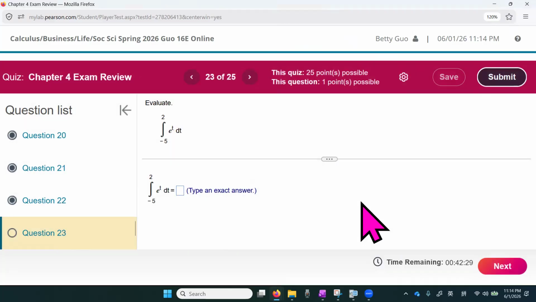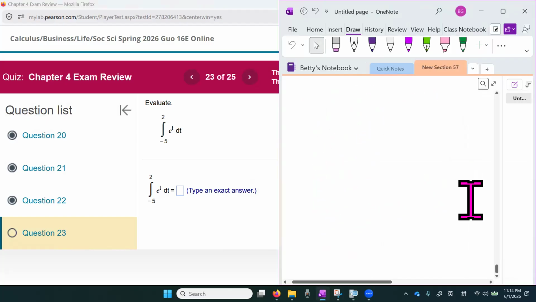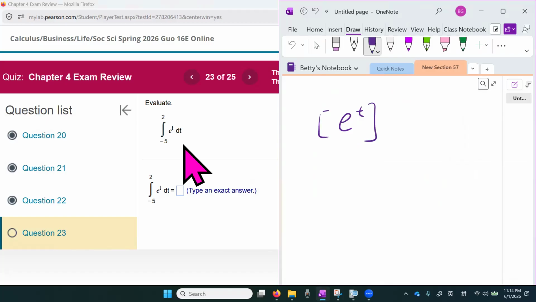Question number 23. Evaluate the integral of e to the power of t, from -5 to 2. So plug in 2, plug in -5. The same type of problem as earlier.